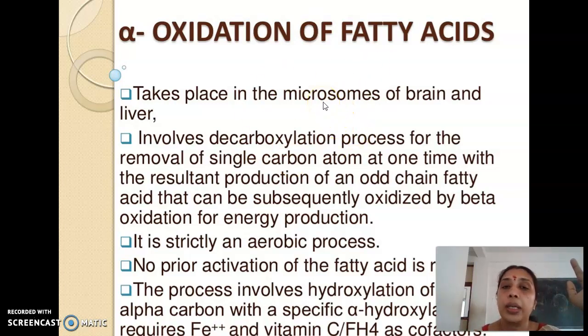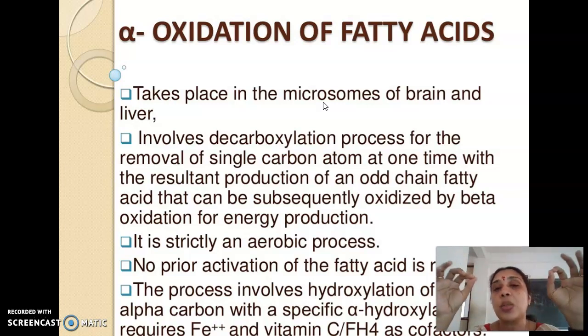Okay. So which are the fatty acids which are subject to alpha oxidation? Those fatty acids where the beta oxidative enzymes cannot have access. The FAD dependent dehydrogenase enzyme acts between the alpha and the beta carbon atom so that beta oxidation will be initiated, right?